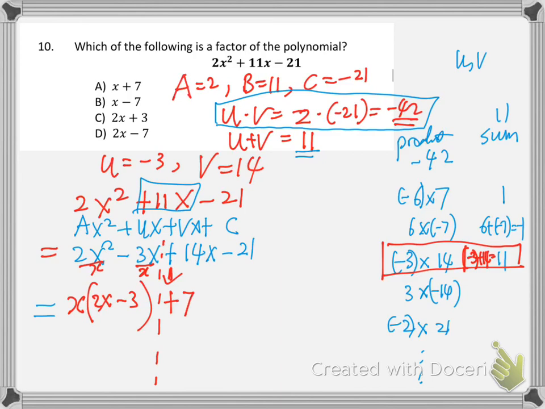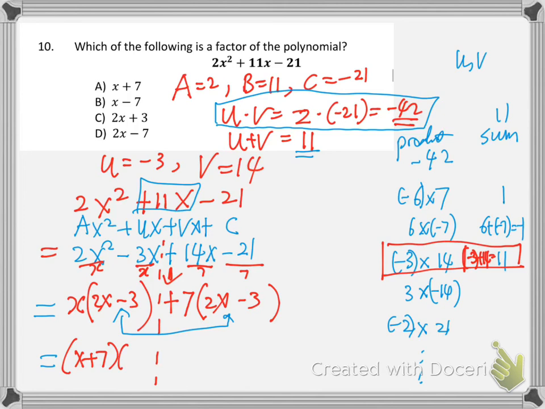This one has x, this one has no x, so there's no x in the second GCF. So 14x divided by 7, 2x. Negative 21 divided by 7, negative 3. You see we got the same quotient here. So finally we got the product. Put 2 GCF together, x plus 7. The other one is 2x minus 3.